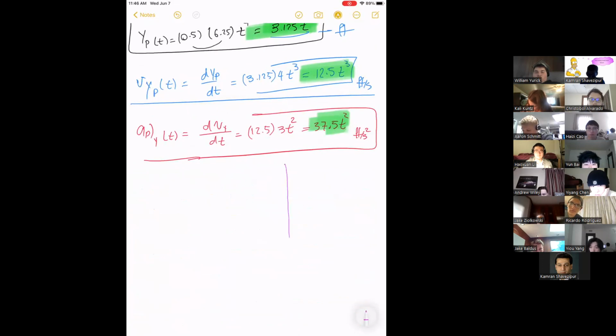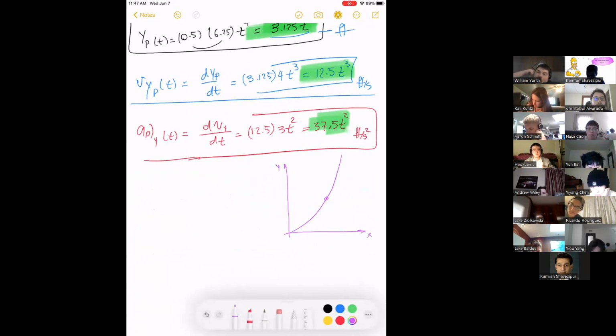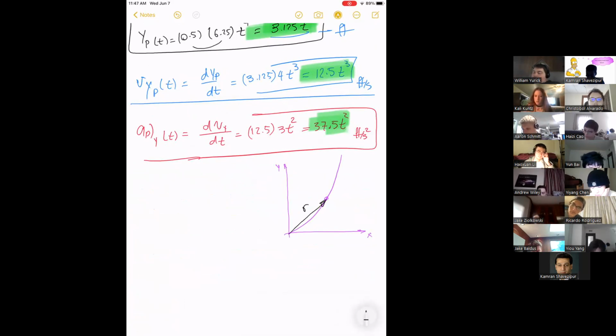If this is x and y, and this is particle P, right? Then the length of this r is going to be the distance of P from origin. How do I find that? I'm going to get the square root of x squared plus y squared.